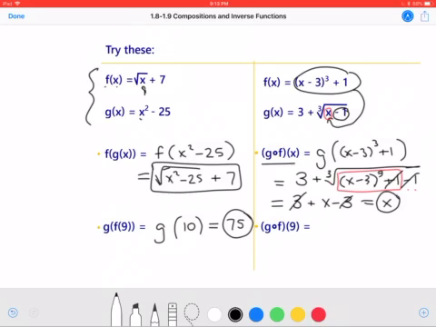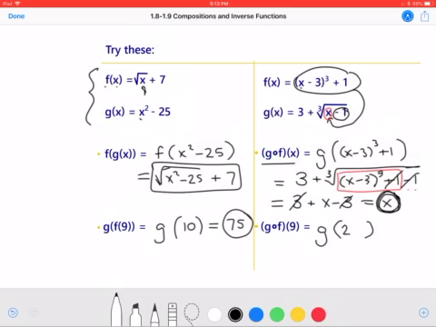There's actually something really cool to say about functions where if you compose them, you get the original number back. So let's try this one. g of f of 9. f of 9 would be 9 minus 3, which is 6. 6 cubed is 216, I think.